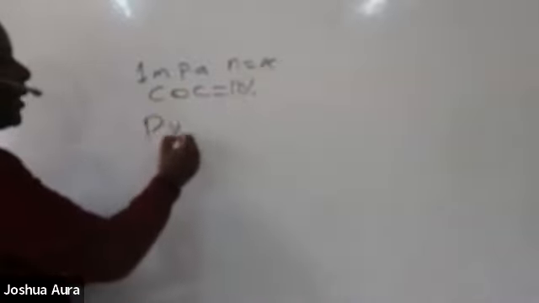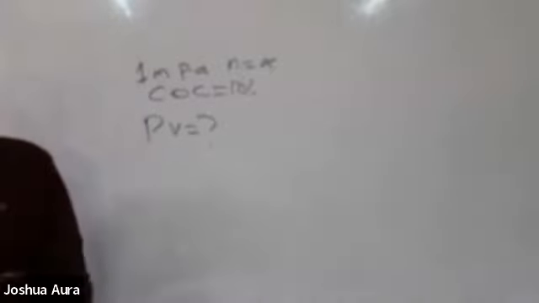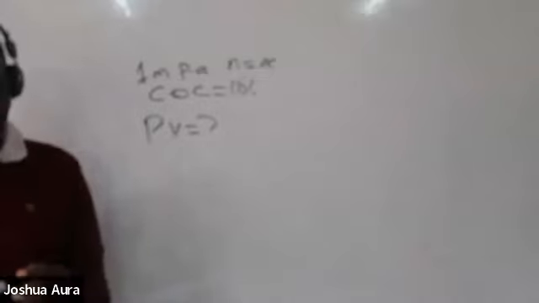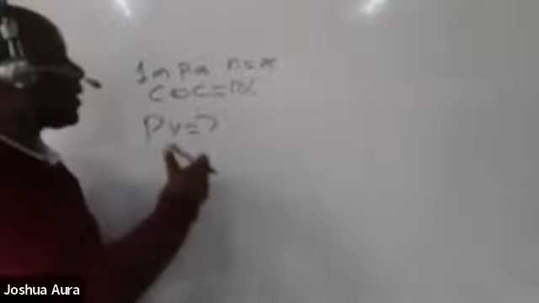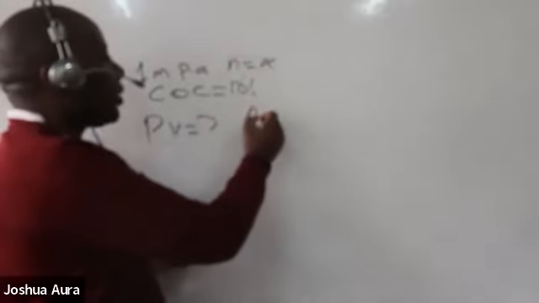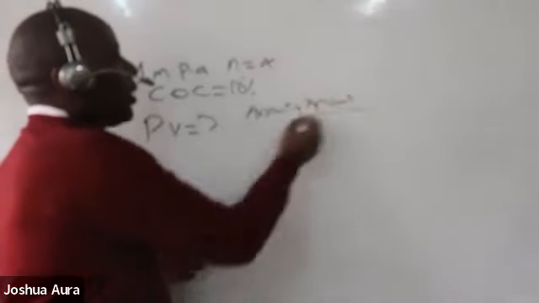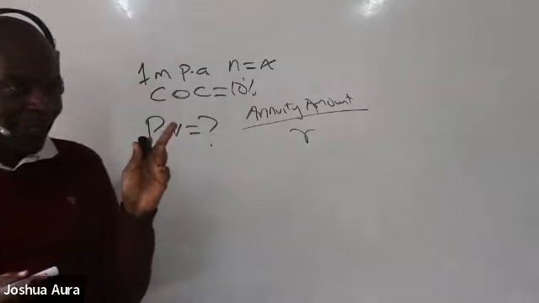Then what will be the present value of a crapper's promise? So in this case, present value will be the annuity amount over what here? Is there somebody who is able to remember this kind of concept? They have forgotten, eh?